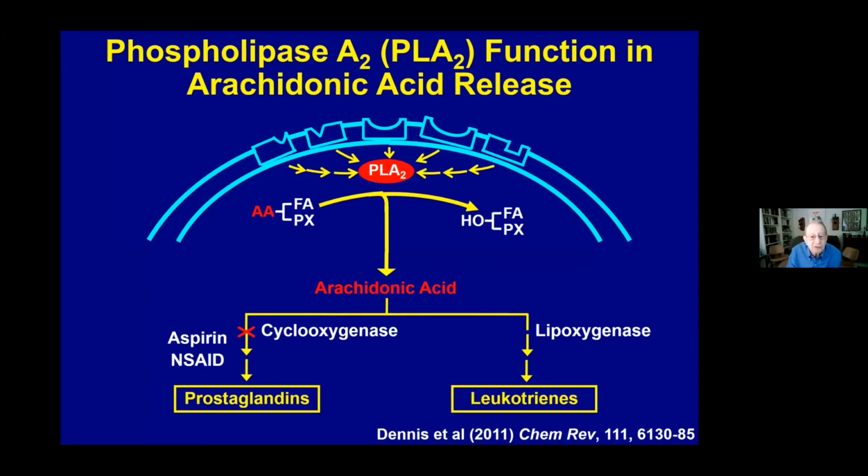This enzyme specifically hydrolyzes the fatty acid on the middle or SN2 position of membrane phospholipids. And when the fatty acid on that middle position happens to be an arachidonyl fatty acid, then free arachidonic acid is liberated. Free arachidonic acid is acted upon by the enzyme cyclooxygenase to make prostaglandins.